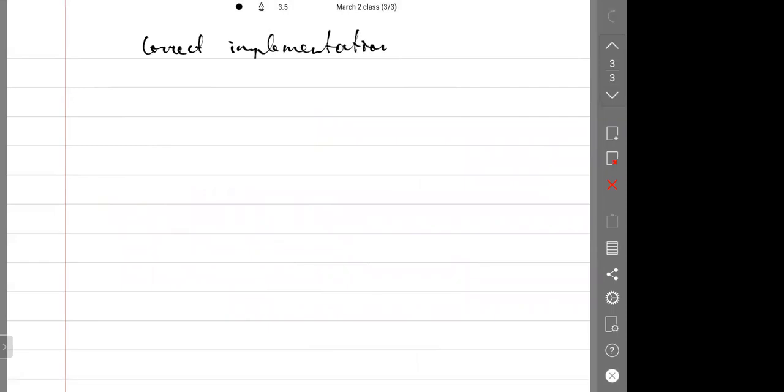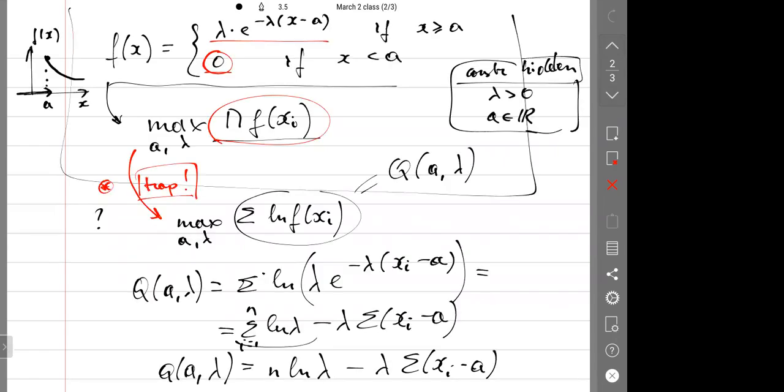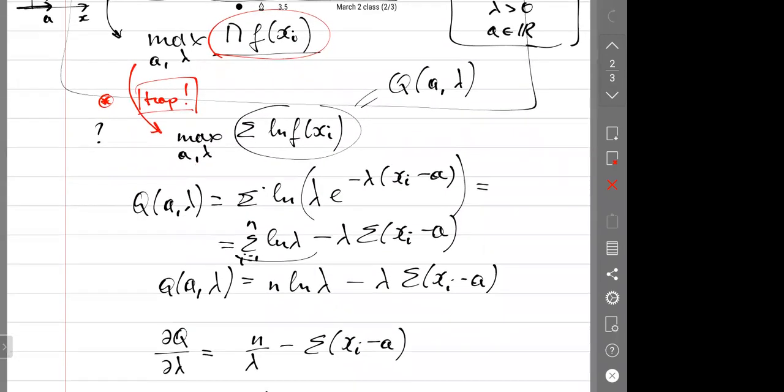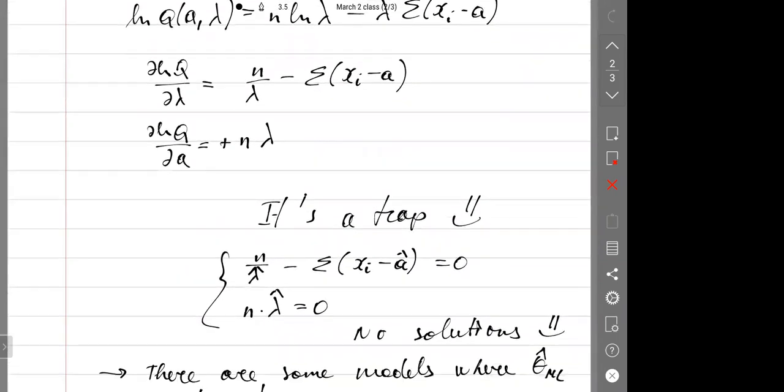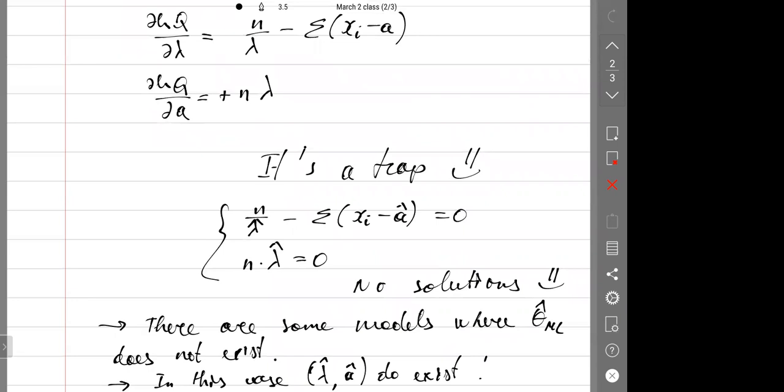So the idea is right. We need to multiply density functions, but we can get 0 if at least one of the terms is 0. So the q, before the logarithm, let's call it q, and then ln q.